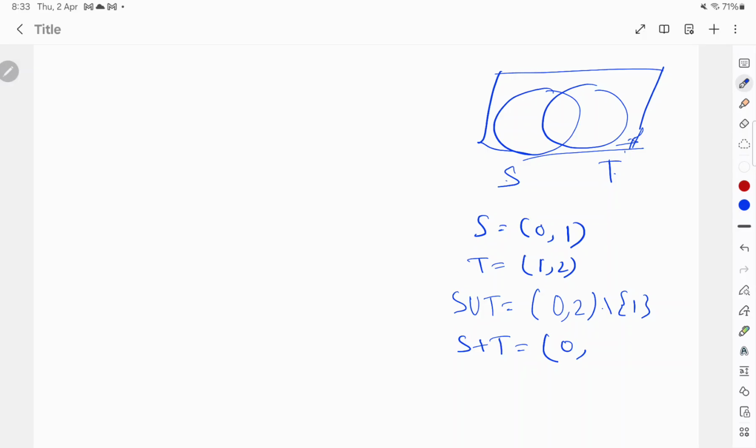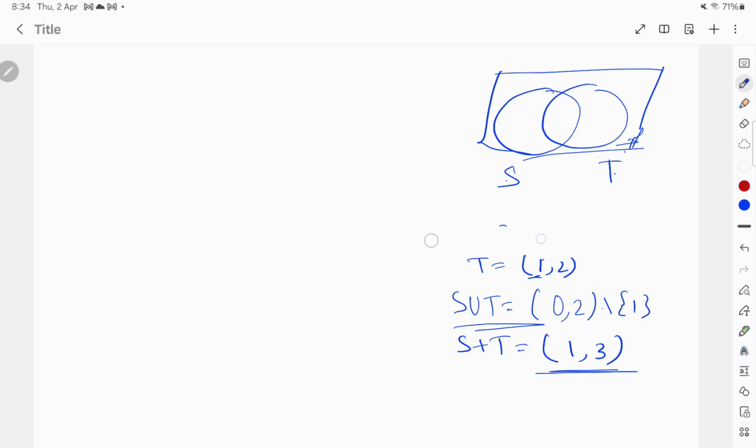So basically 0 plus 1, 1 plus 1, and so on, and you get a set like 1 to 3. This is the difference between these two things.